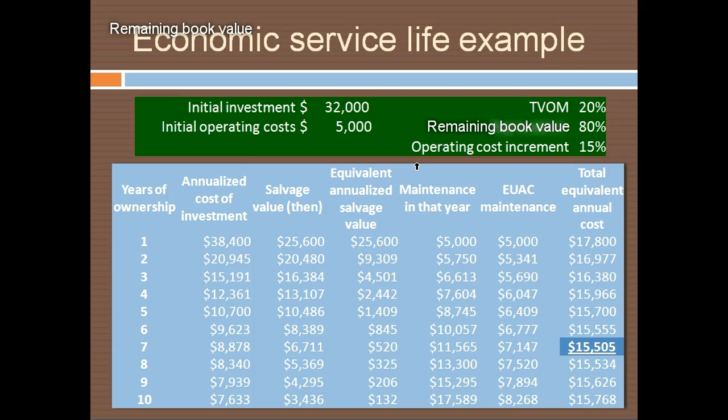And if we invest $32,000, its equivalent annual cost for 3 years is now $15,191, and so on.